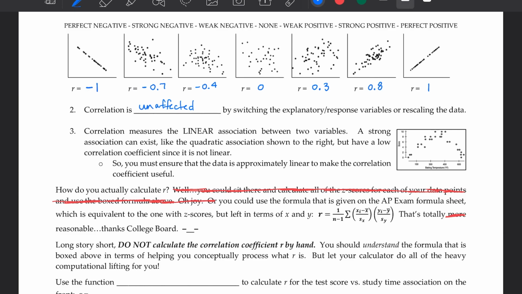And that's because probably what you're looking at is not linear. So over here we can see there's this very strong relationship going on here that has sort of like this upside down U shape, this little arch to it all. But if I were to plug those points into my calculator, or if I were to try to use a formula and find R, it's not going to be that great, okay?